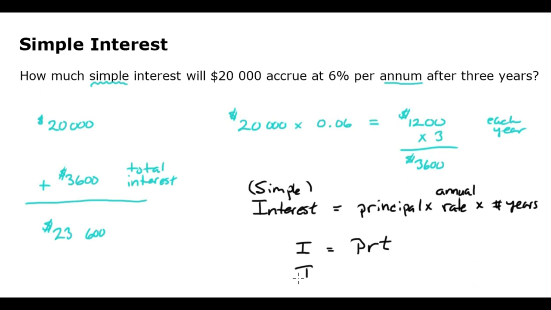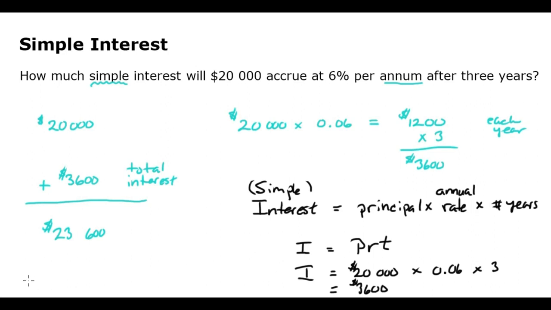So just notice we could do this calculation maybe a little more simply by saying $20,000, which is our principal or our investment, multiplied by 6% per annum, or our annual percentage rate, multiplied by 3. And of course, you can see that's just going to produce our 1,200 again times 3. That is $3,600, precisely what we got before.